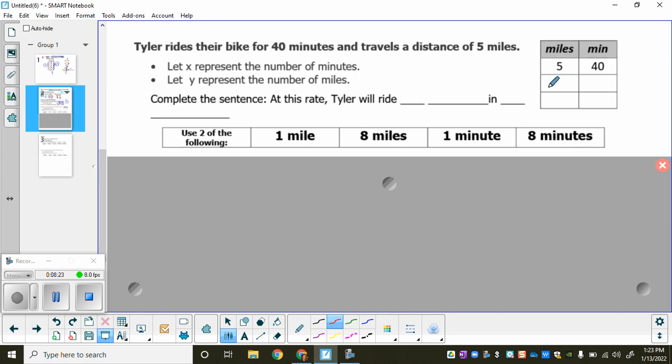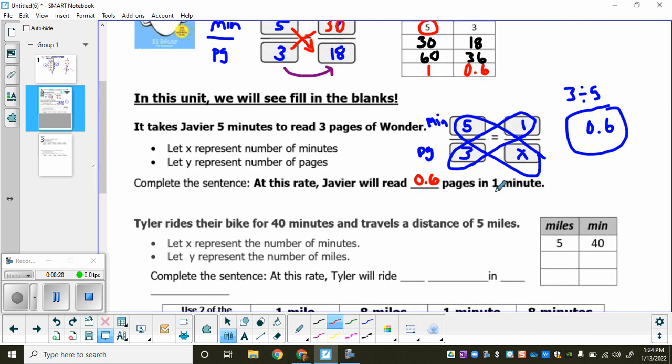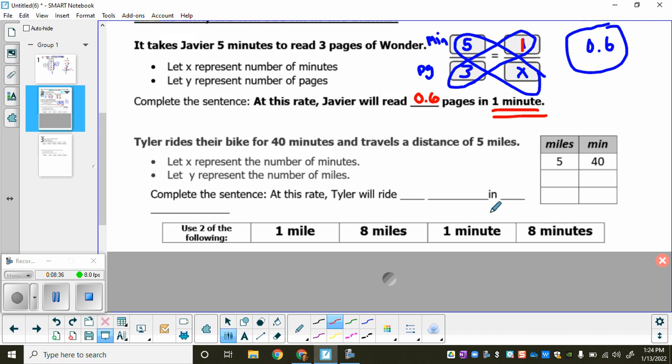So we don't have anything to put over here yet. Up here, it already gave us 1 minute. So we put that there. And we had something to put in the table of values here. In this problem, we won't have anything to put in the table of values. And the reason we don't have it here is because it gives us some options.